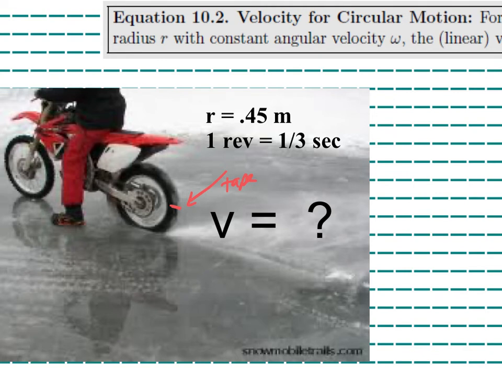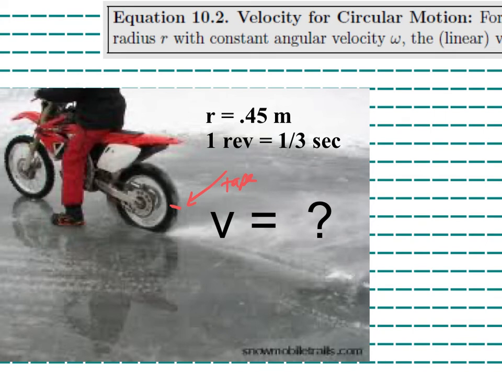By measuring how fast it's going, you could tell how fast this bike is going, this motocross bike. It's going around in a circle, but you could say how many miles per hour the guy is going by talking about how many rotations per minute his tire is doing.